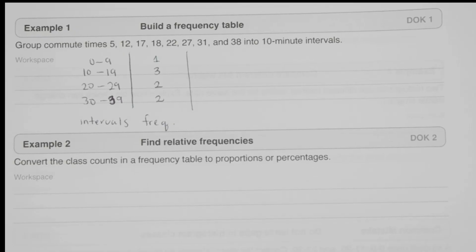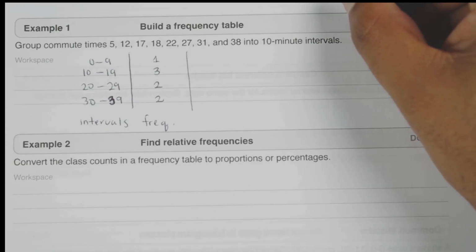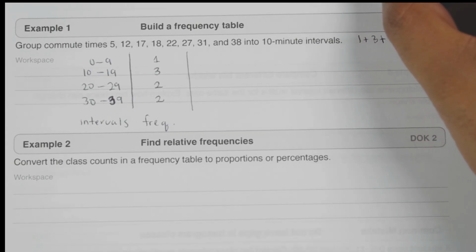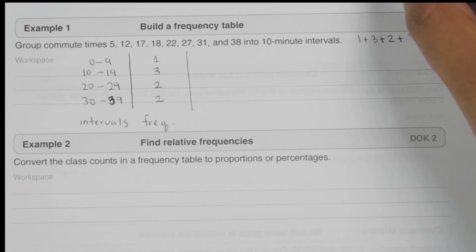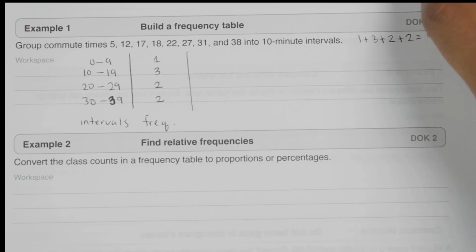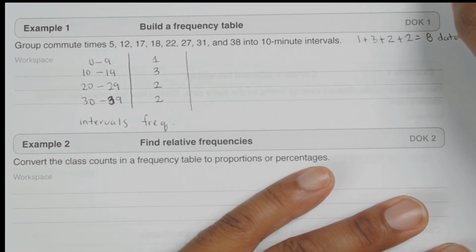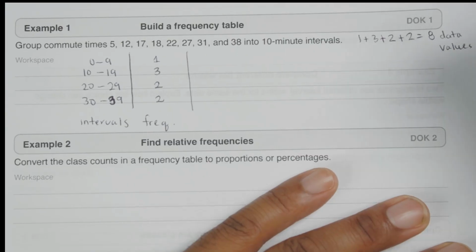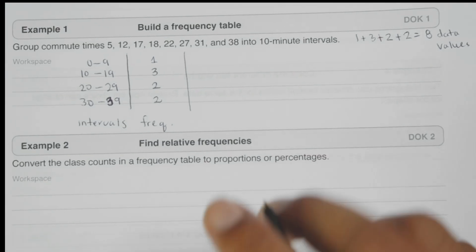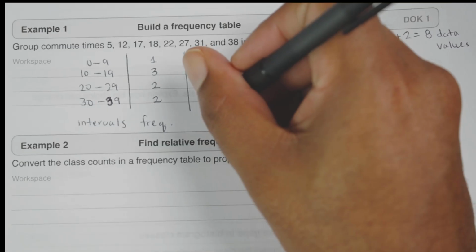So 1 plus 3 plus 2 plus 2 gives us 8, so that means 8 data values.